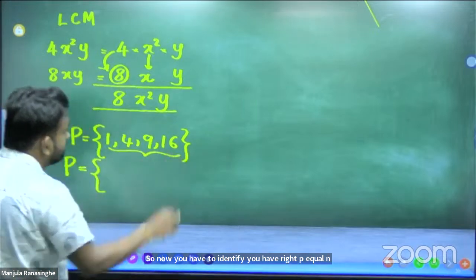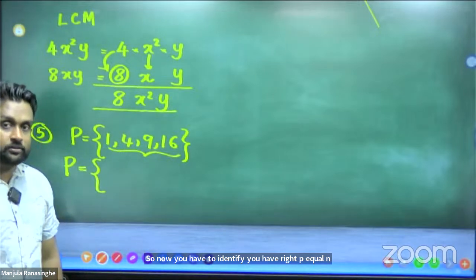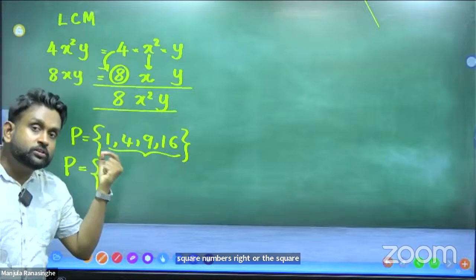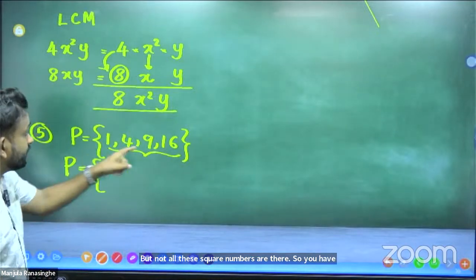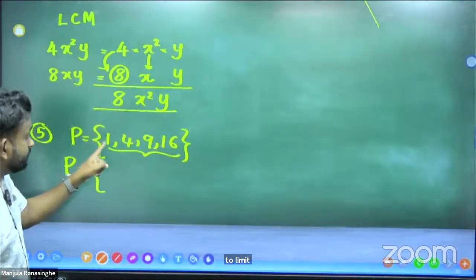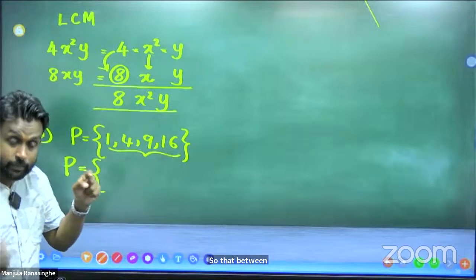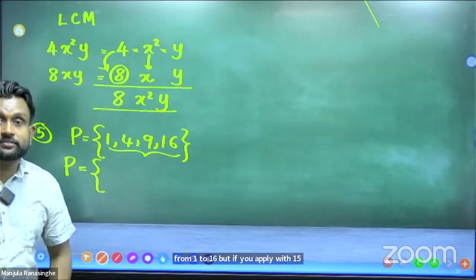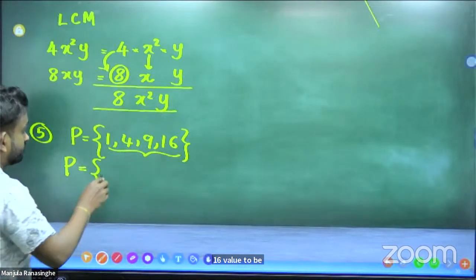These are square numbers. But not all the square numbers are there, so you have to limit to a certain range to cover this. Between 1 and 16, but if you apply between, then more than 16 value has to be considered. So I write the square numbers.